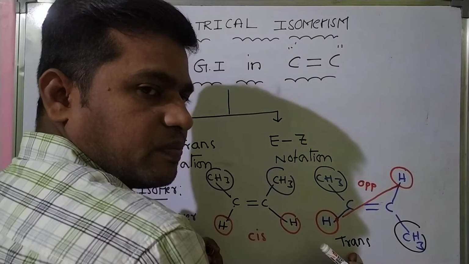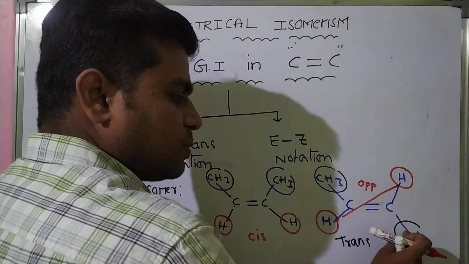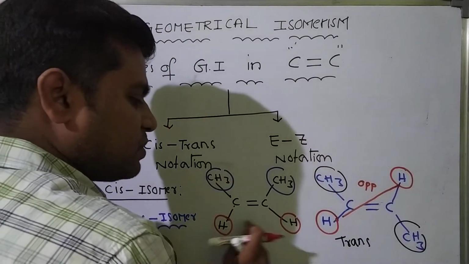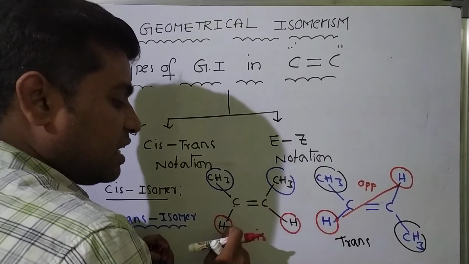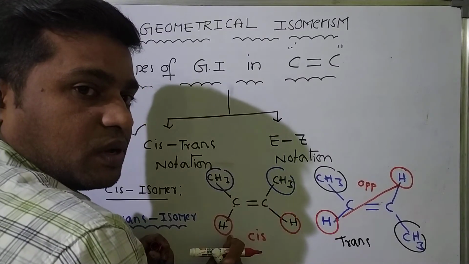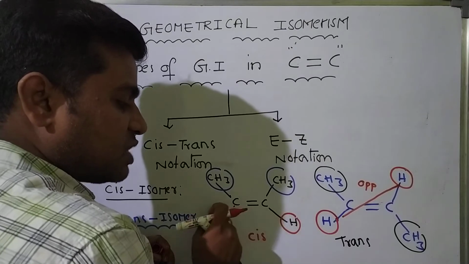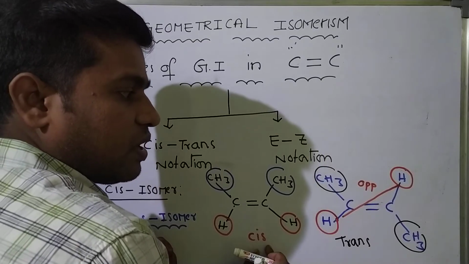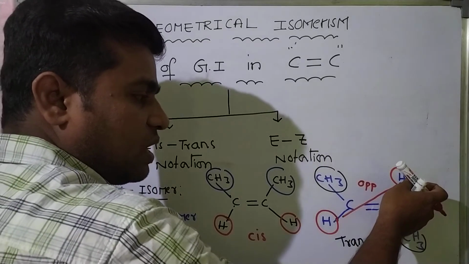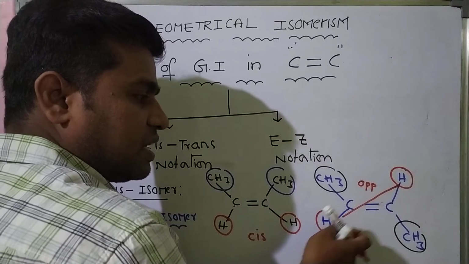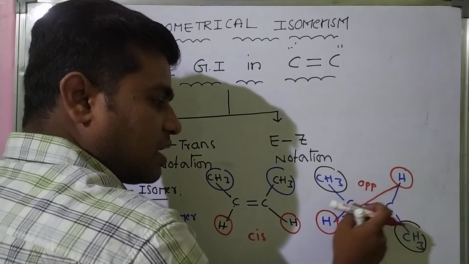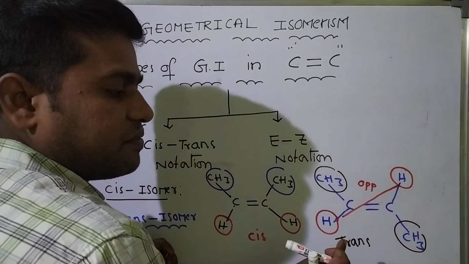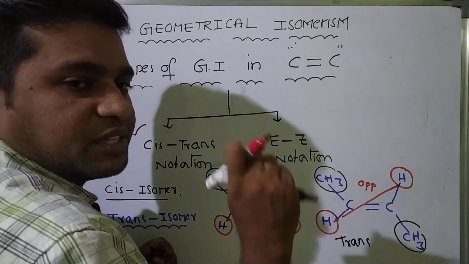So again trans. If at least two similar, equal groups are present on one side with respect to the carbon-carbon double bond, definitely that is cis isomer. If two equal atoms or groups are present on the opposite side, that isomer is called trans isomer. You know very well, we already learned in the previous lecture.